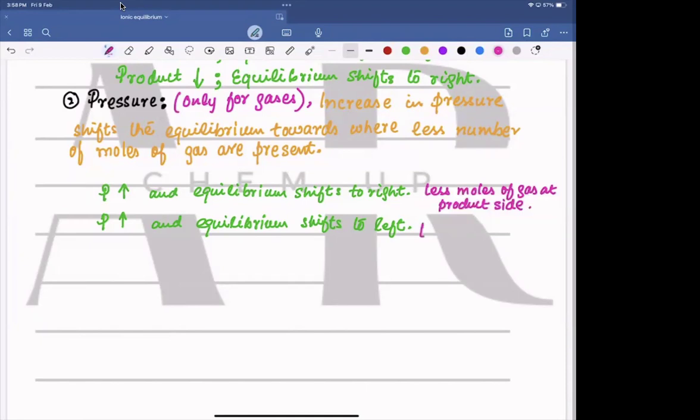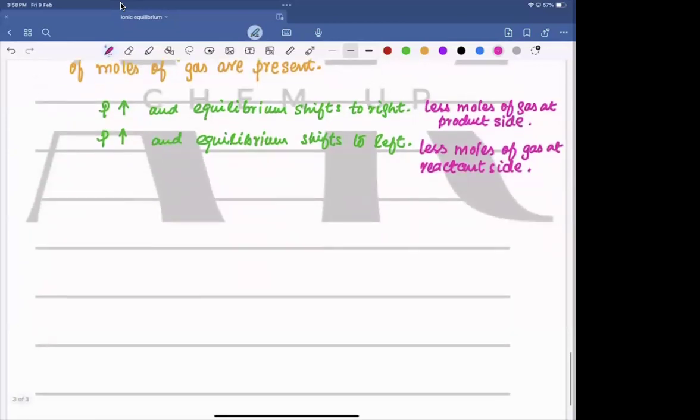And if the equilibrium shifts to the left on increasing pressure, then it means fewer moles of gas at the reactant side. Is this clear to all of you? Yes, sir.